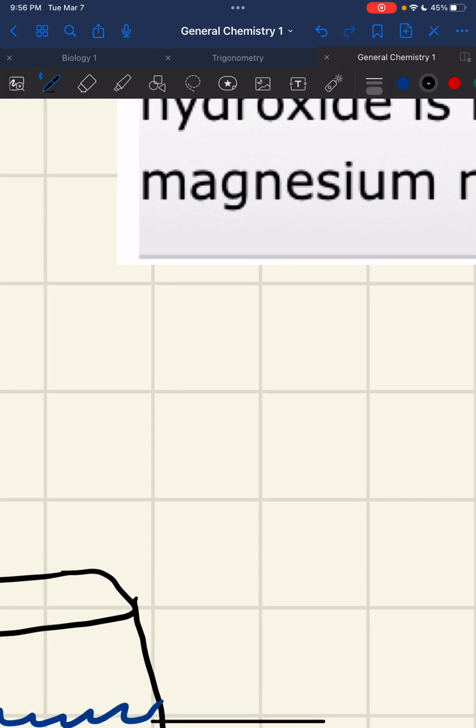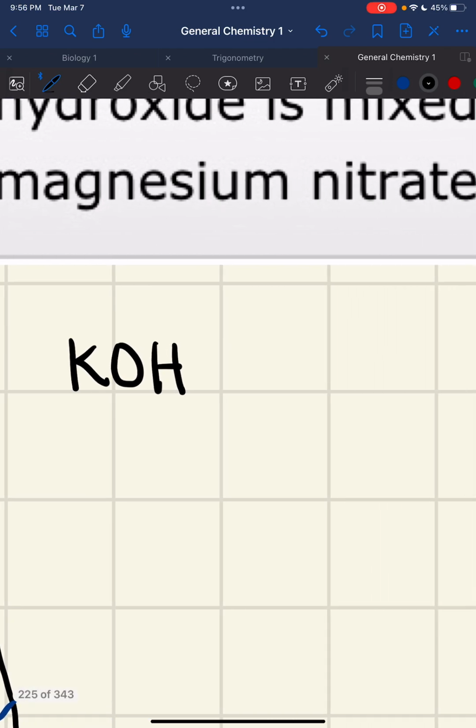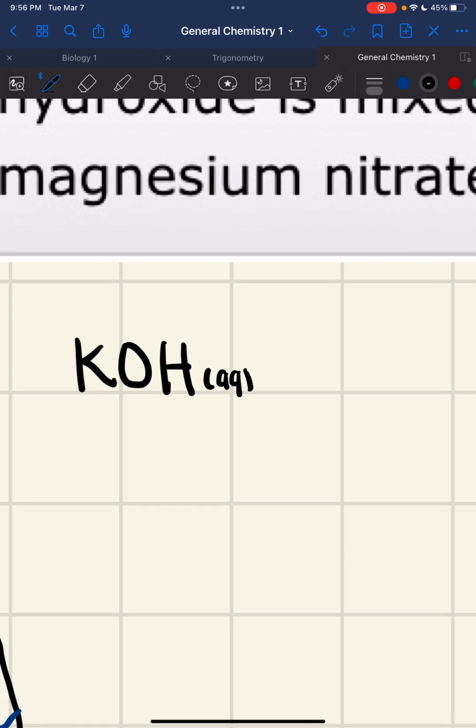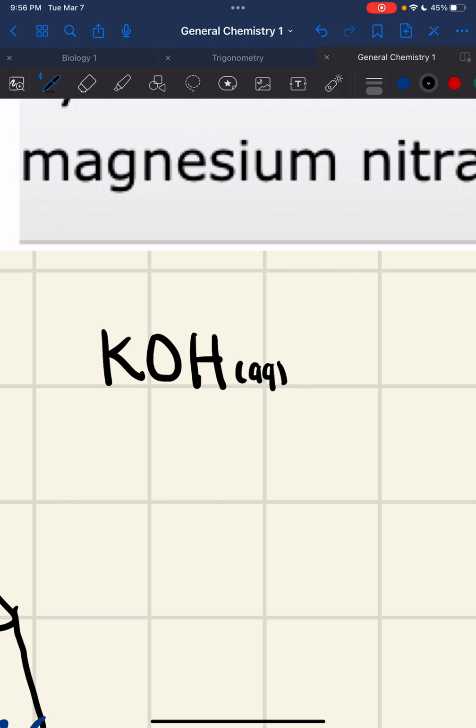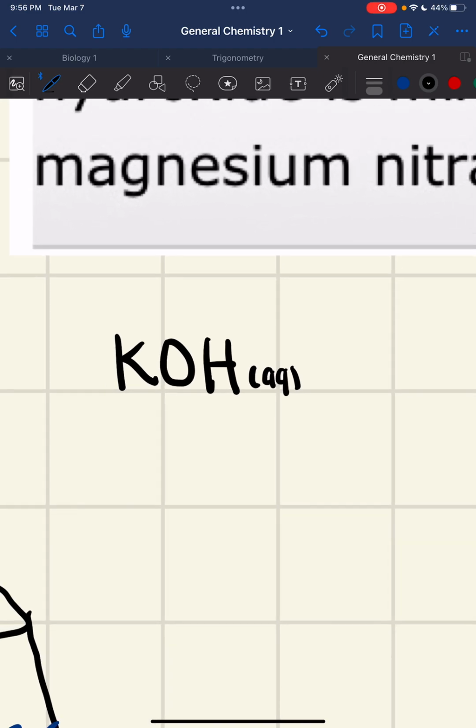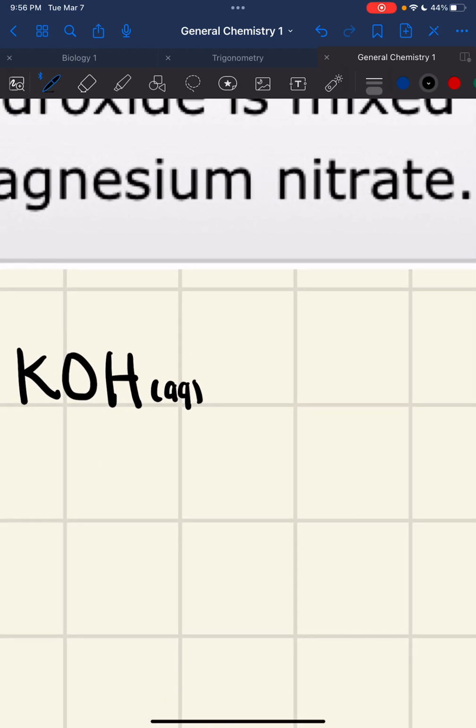First is going to be KOH. And this is going to be aqueous, because all hydroxides can act as acids, but potassium hydroxide is going to be aqueous.